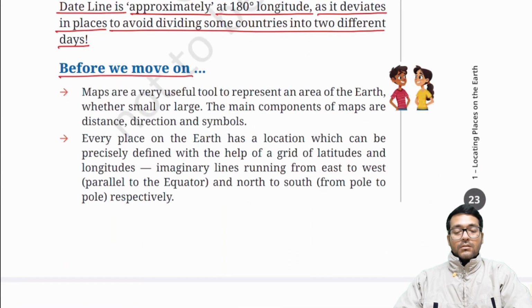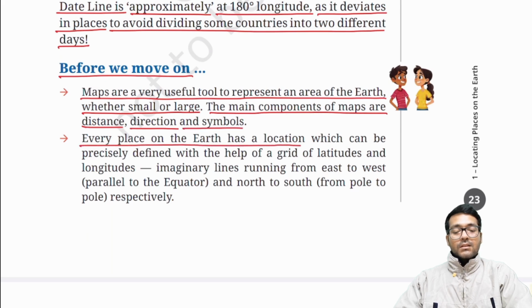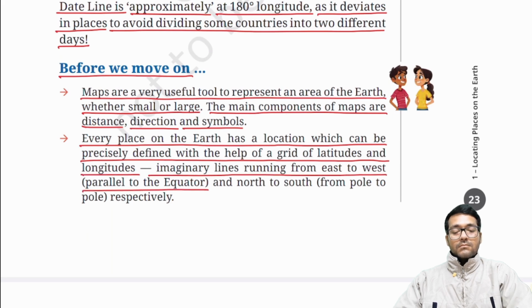Before we move on, maps are a very useful tool to represent an area of the earth, whether small or large. The main components of maps are distance, direction, and symbols. Every place on the earth has a location which can be precisely defined with the help of a grid of latitudes and longitudes, imaginary lines running from east to west parallel to the equator and north to south from pole to pole respectively.